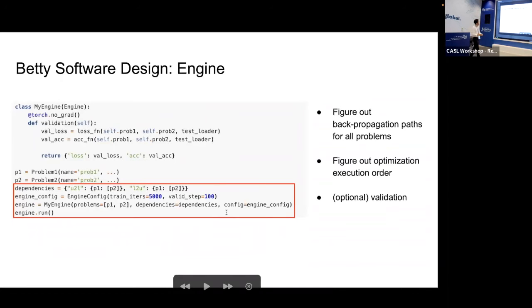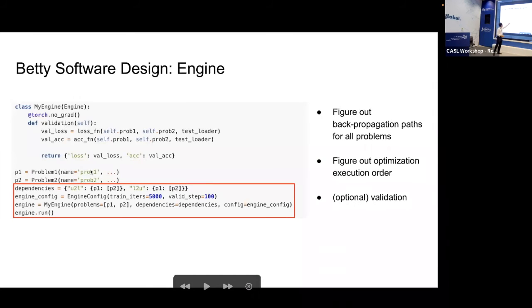The second one is the engine class. In the previous problem class we defined the optimization problems, but in the engine class we define the interactions between the optimization problems. How we do it is basically using a Python dictionary. We have upper levels and lower levels, and there are two types of interactions: one is upper to lower, and the other is lower to upper.